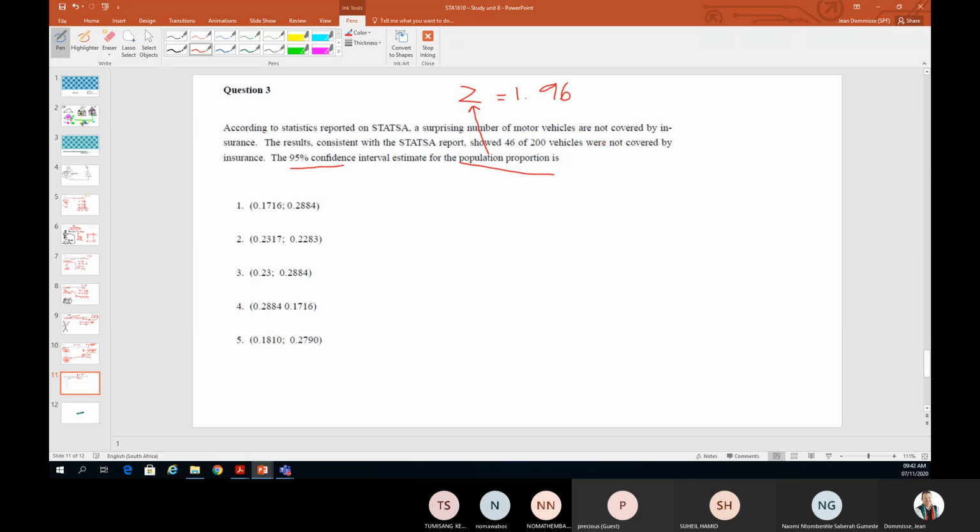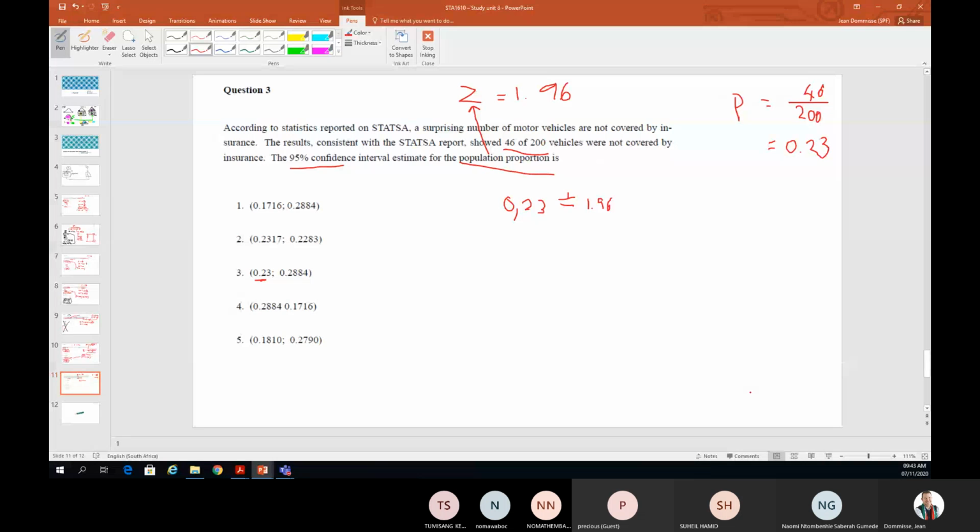According to a Stats SA report, 46 out of 200. So my P will be 46 out of 200. 46 divided by 200 is 0,23. So 0,23 plus minus 1,96 with that whole area.